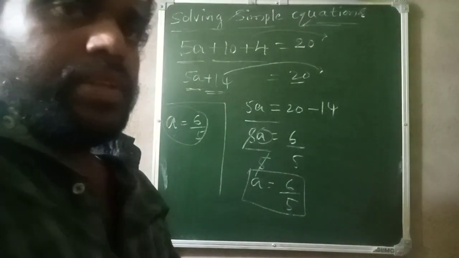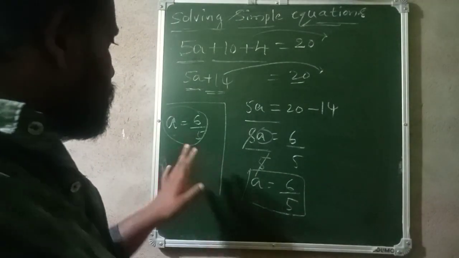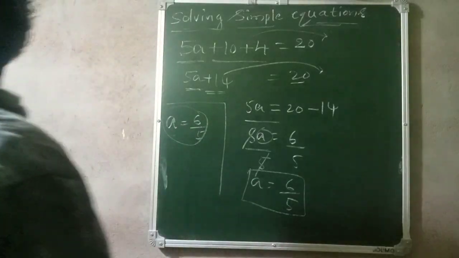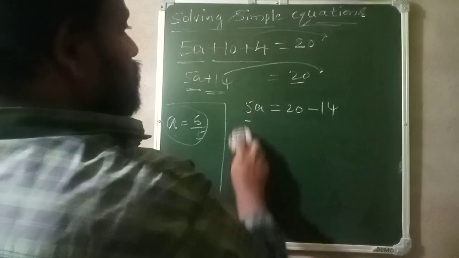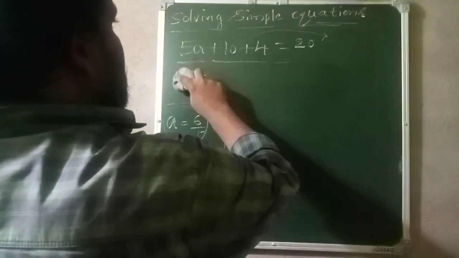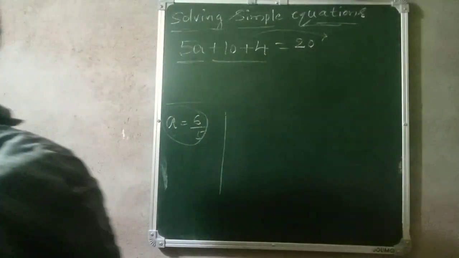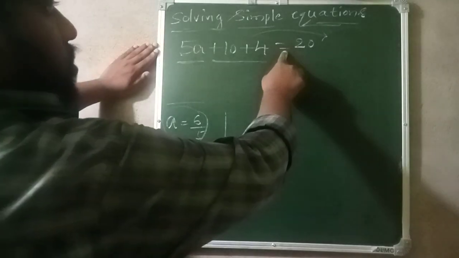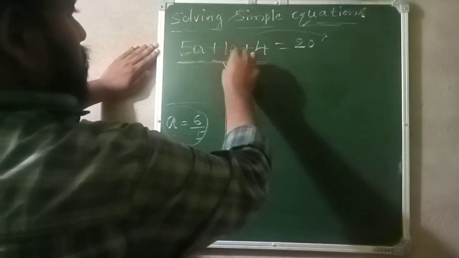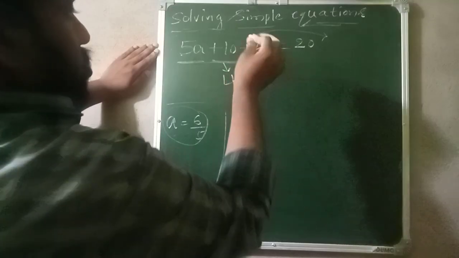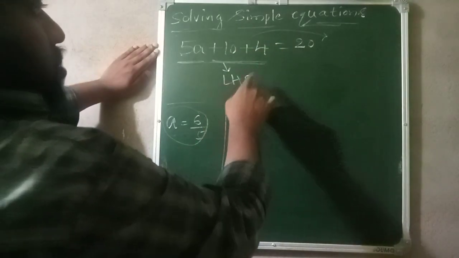Now we will check whether this answer is correct or not. Before the equal sign, whatever is there, that is LHS, left hand side.